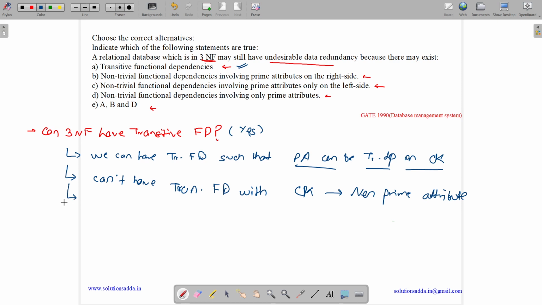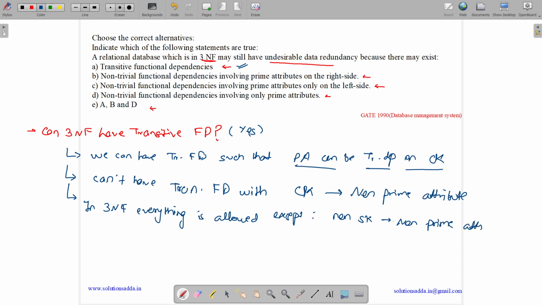And let me tell you one more thing. In 3NF, everything is allowed except this: a non-super key determining a non-prime attribute.